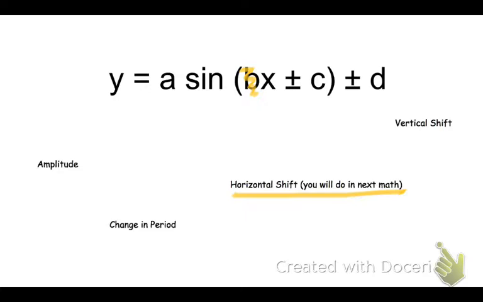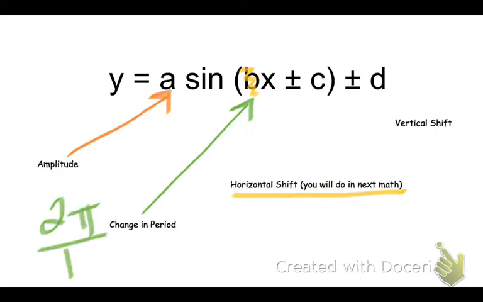Now, I do want to make sure we know amplitude is the A, change in period is the B, 2 pi over B. The horizontal shift is going to be with our C value.